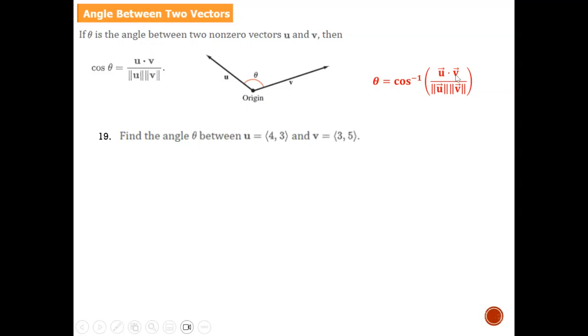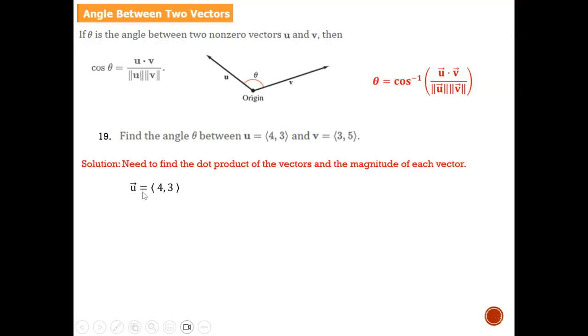The first part, we're going to find the dot product of U and V. Second, the magnitude of U. Third, the magnitude of V. Fourth, plug it in and find the arc cosine, or the inverse cosine. You need to find the dot product of the vectors and the magnitude of each vector. So here we go. Vector U dot product vector V gives us 12 plus 15, which is 27. So I already got the numerator part of the formula.